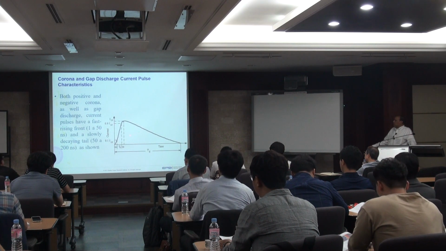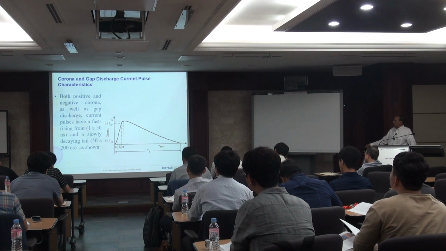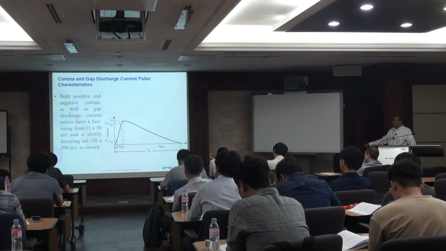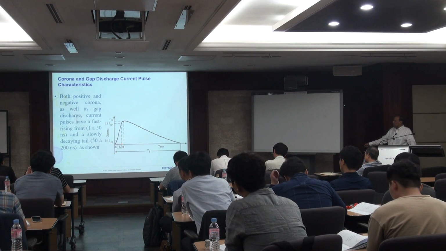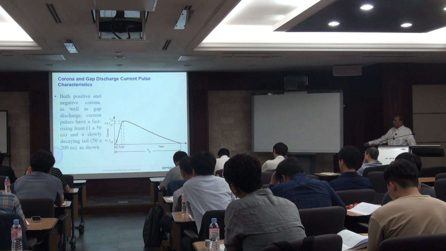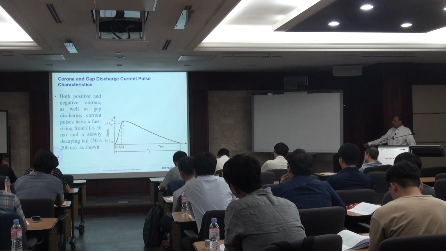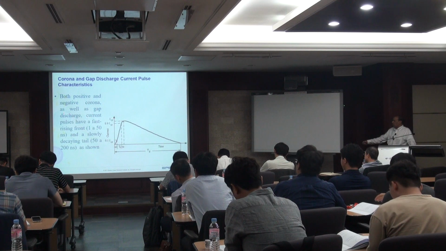Coming back to this waveform, I told you about gap discharge. When you have a gap discharge, you have a steep upfront reaching a maximum current and then going down. The time for reaching the maximum is 1 to 50 nanoseconds, and decaying the tail is 50 to 200 nanoseconds, as shown for gap discharges, both positive and negative corona, as well as gap discharge.